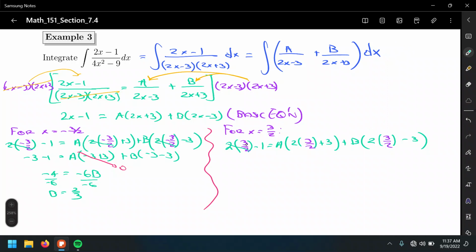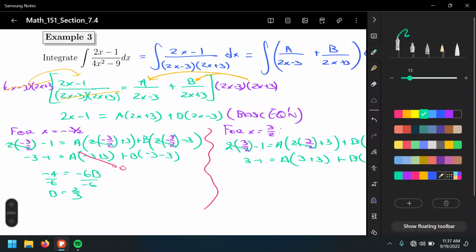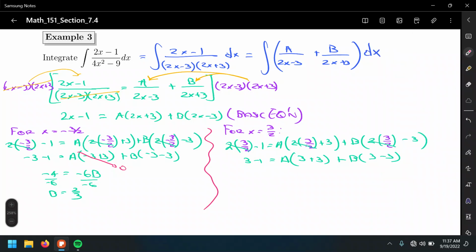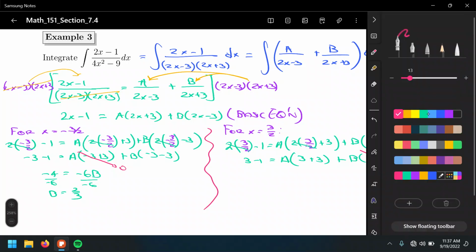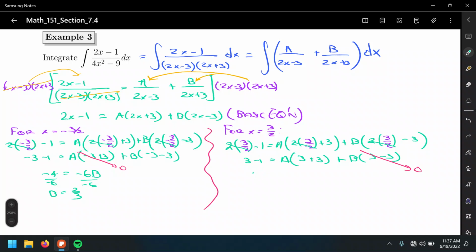Canceling those 2's will leave us with 3 minus 1 equals a times 3 plus 3, plus b times 3 minus 3. And oh yes, this is just what we wanted, right? To get this zeroed out so we can find the constant a. So 3 minus 1 is 2, 3 plus 3 is 6a, divide both sides by 6, a equals 1/3.